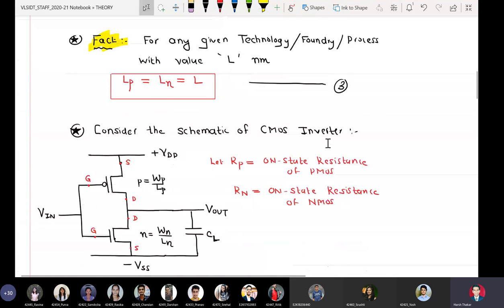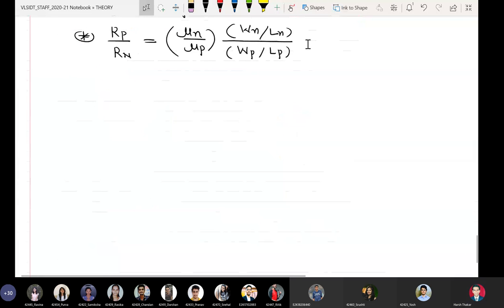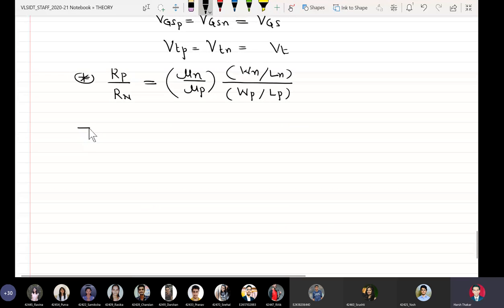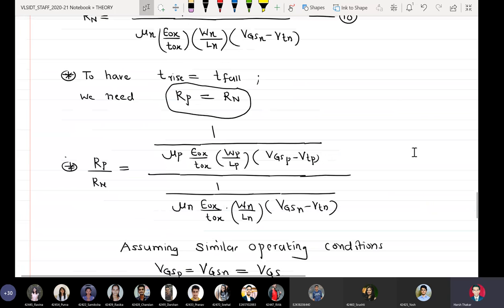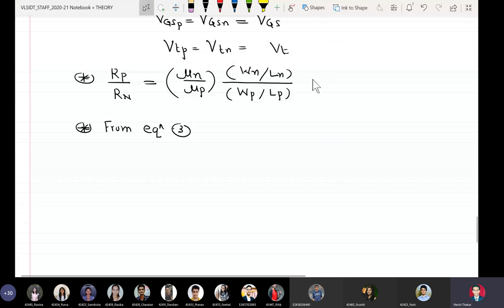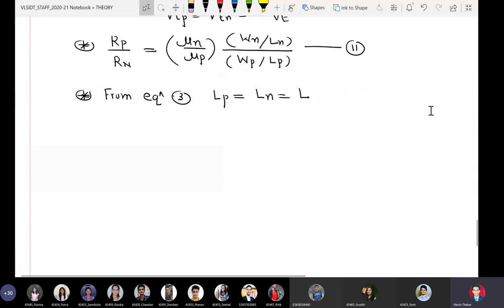So from equation number 3, Lp equal to Ln equal to L. This is equation number 11.